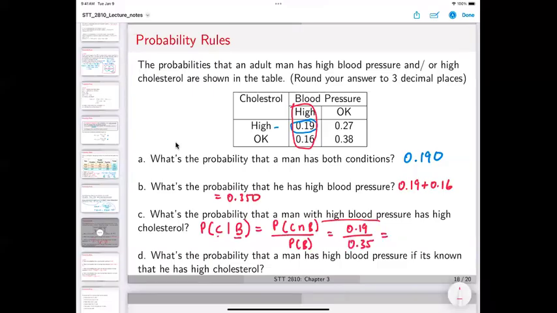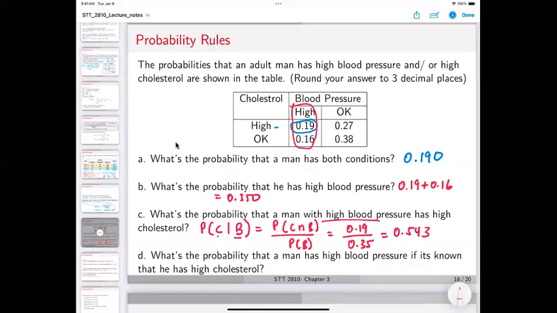When you do this, what do you get? What is 0.19 divided by 0.35? 0.54. I think it's 3 decimal places, so you get 0.543.